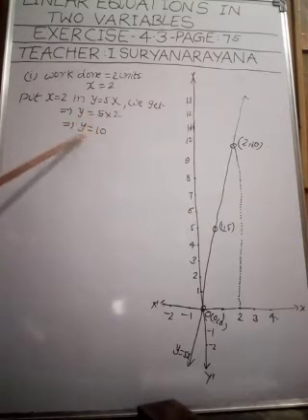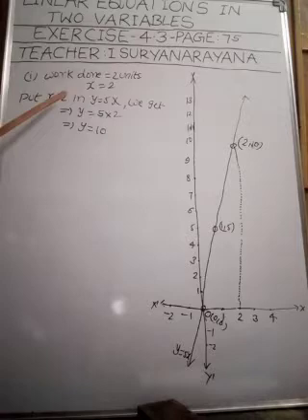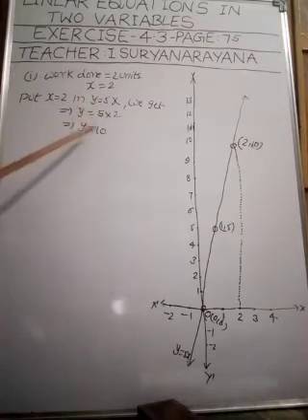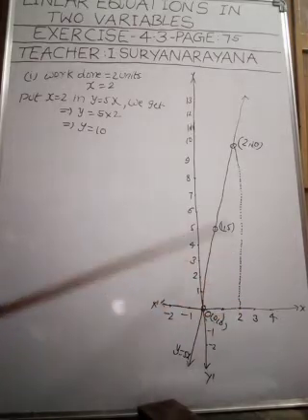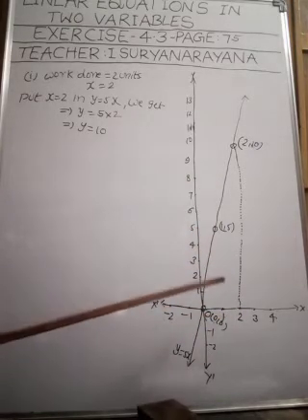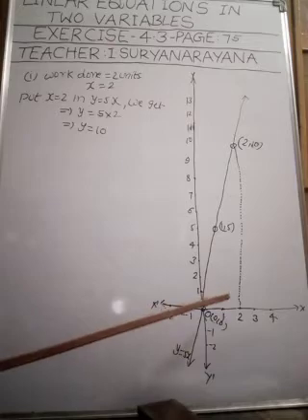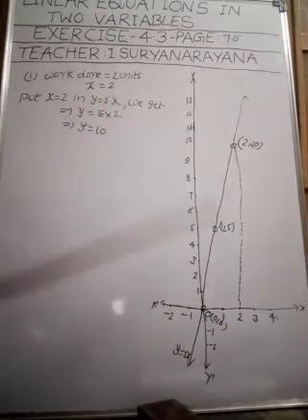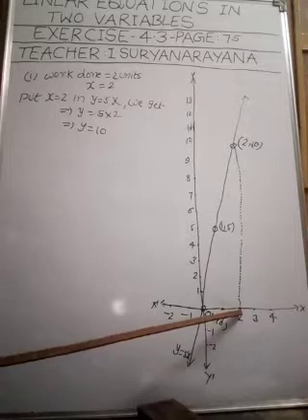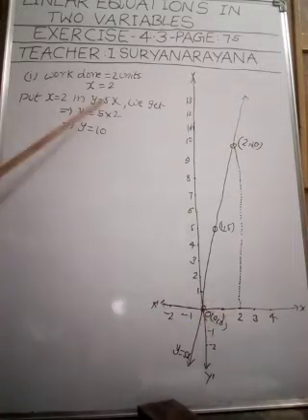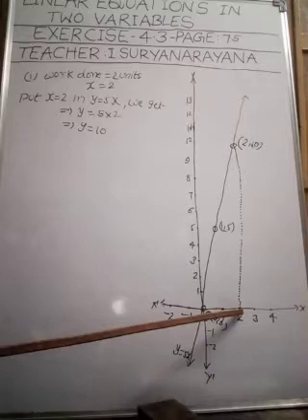Here we found the value of y algebraically by substituting x is equal to 2 in the given equation. But with the help of the graph, if you want to find the distance travelled by the body, we have to identify the point from which we have to move. So x is equal to 2. We have identified point 2 here.